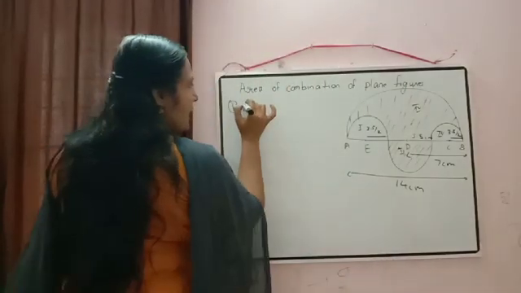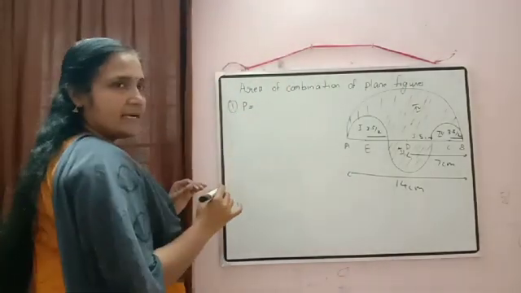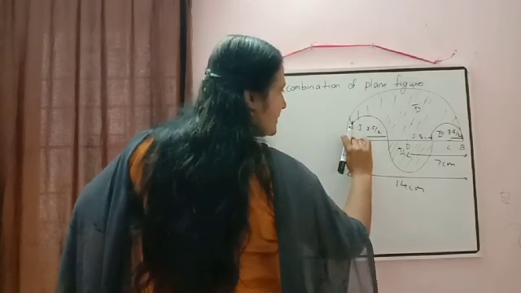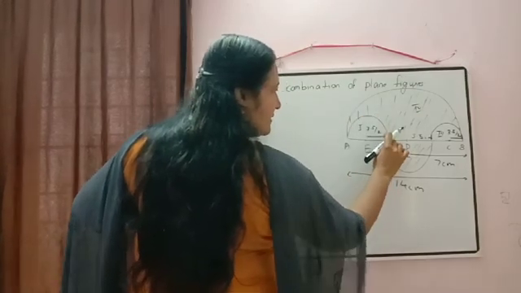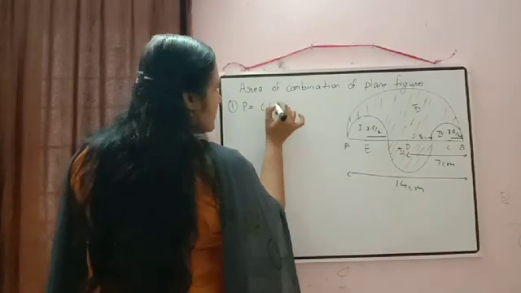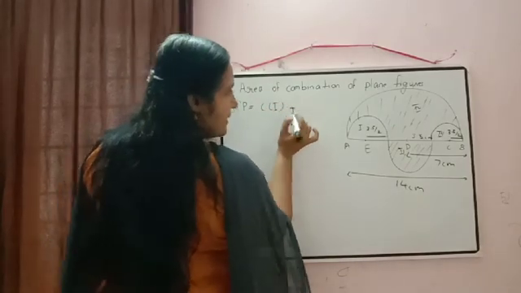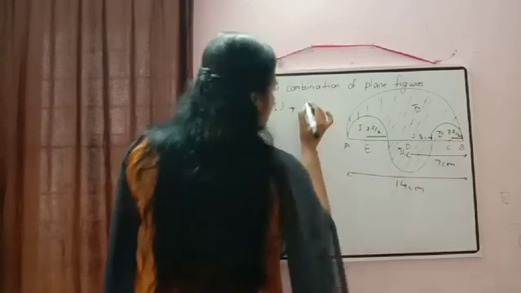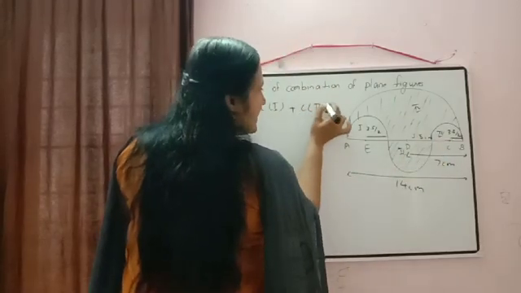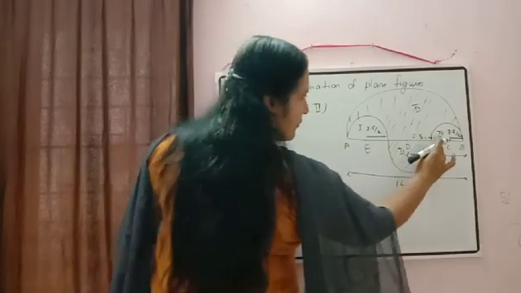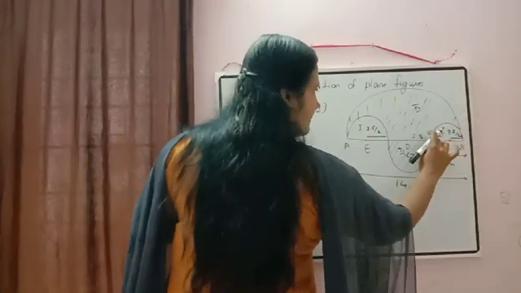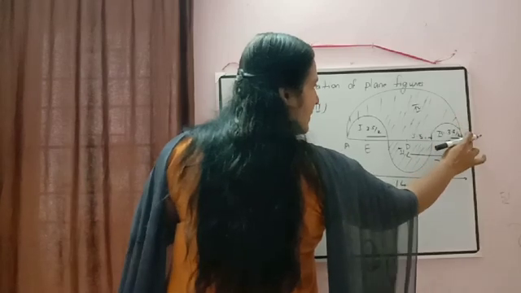When we have to calculate the perimeter of the shaded region, we want this length, so that is the circumference of the first semicircle. Then plus this length also, that is the circumference of the second semicircle.